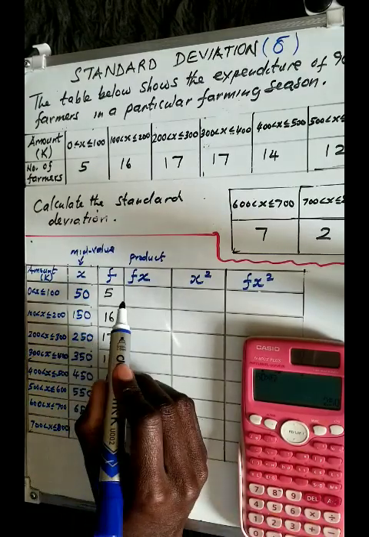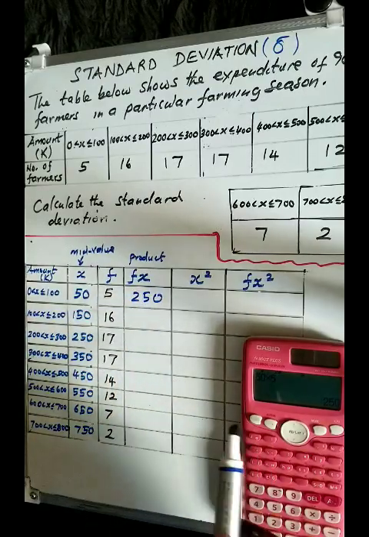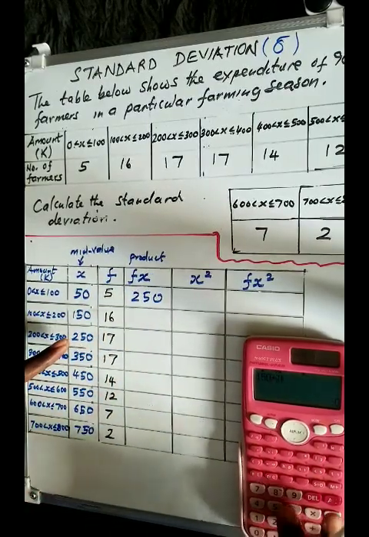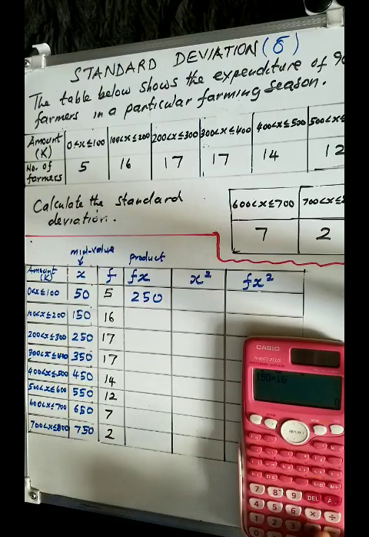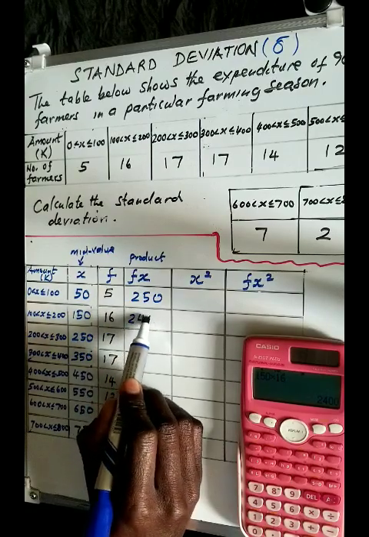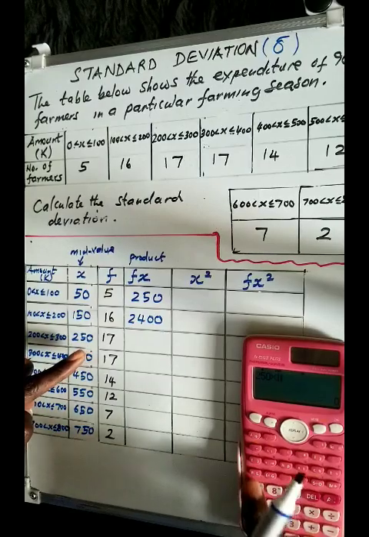That is going to give me 250. Then the next value is simply 150 multiplied by 16. That is going to give me 2,400. Then I go to the next one, 250 multiplied by 17.